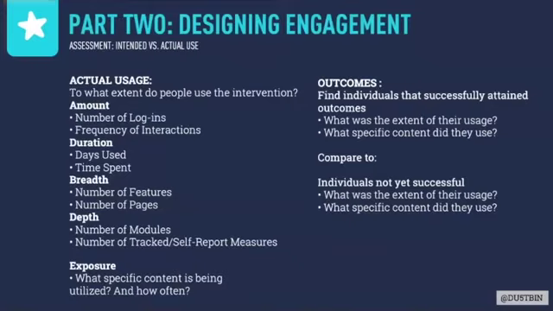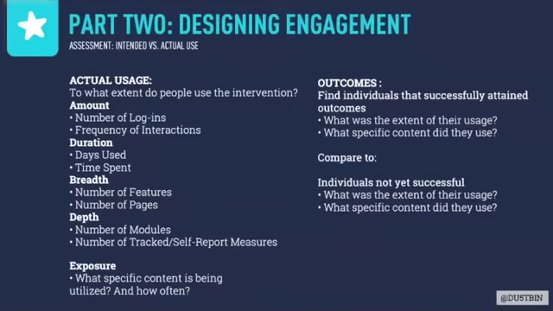So when we look at our population, we can look at individuals that have hit the thresholds for change, hit our targets that we're looking to achieve, and we can backtrack and look at the extent of their usage along those metrics on the left, as well as the exposure, what specific content, right?